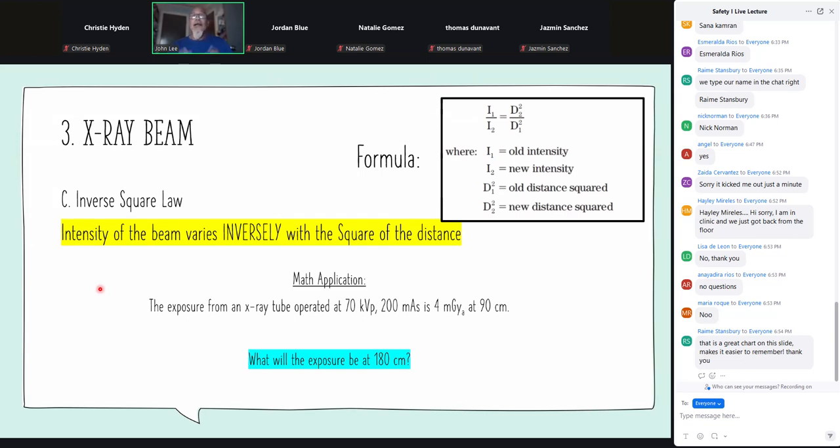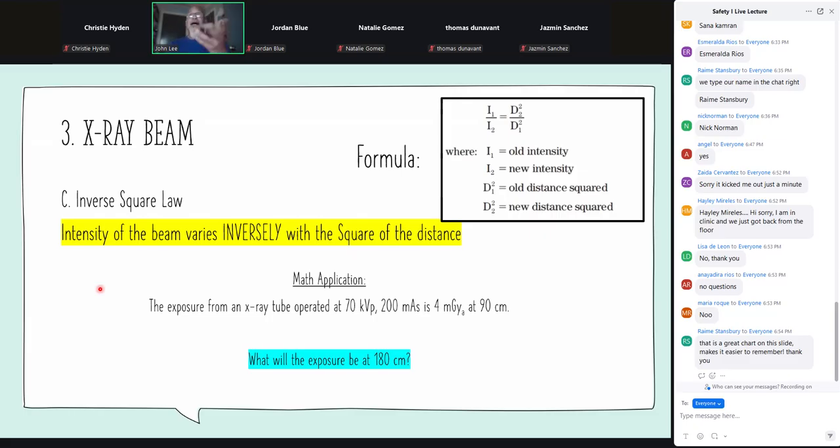Okay, so when we increase our distance from our X-ray tube, the amount of radiation measured at a certain point will be less as the distance increases. But if we double the distance, we don't cut the intensity in half. We actually cut it by a square of that.